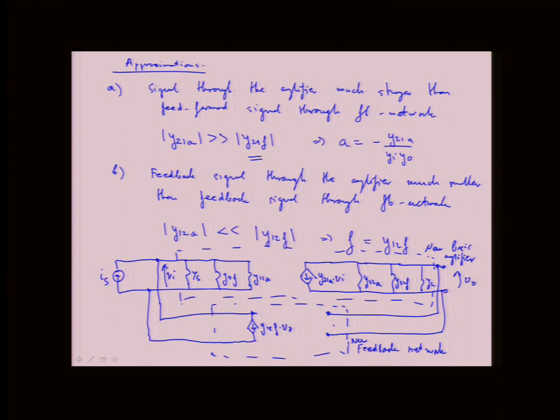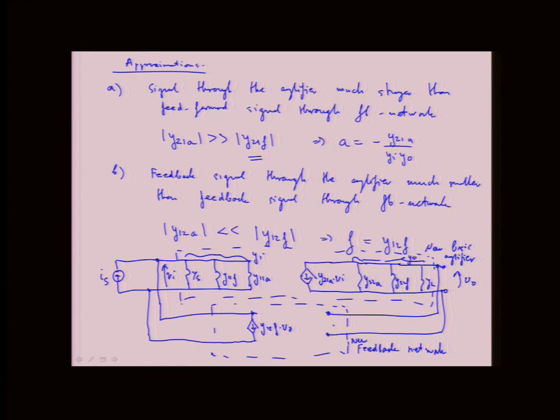Notice that YS plus Y11F plus Y11A, all these we label as YI, or the input admittance, and then all of these at the output in parallel, they were YO.